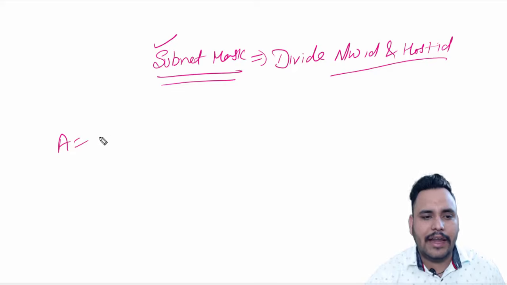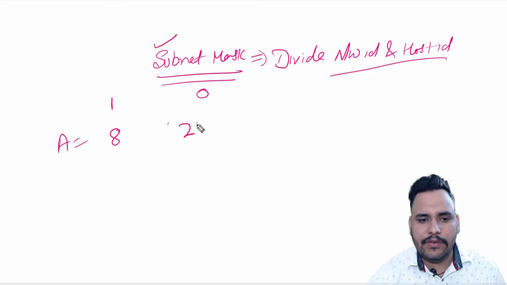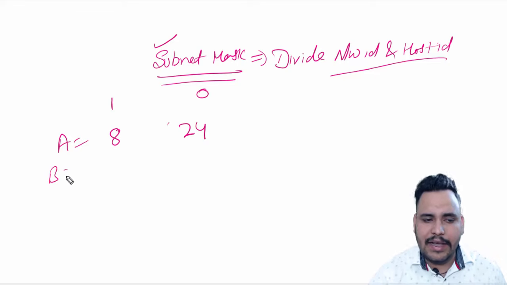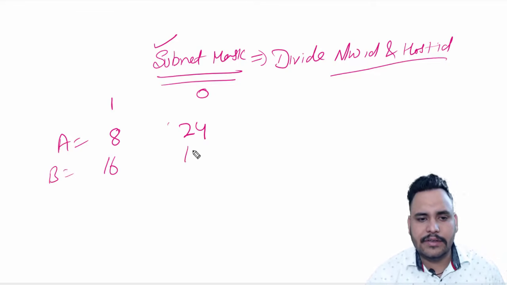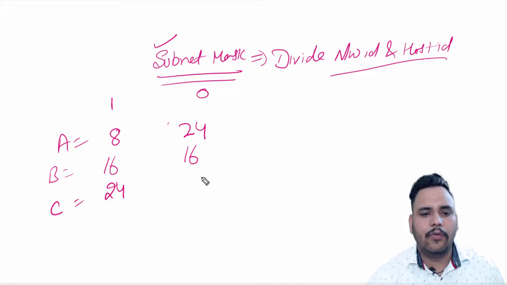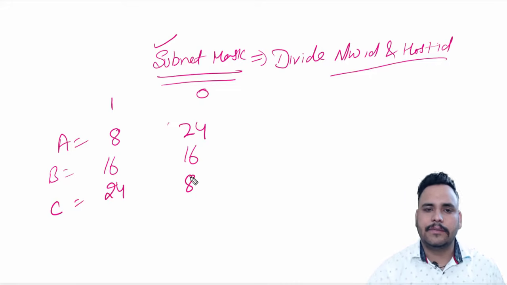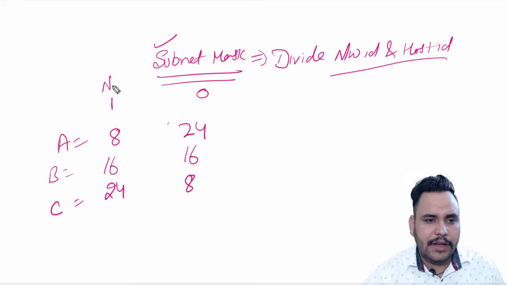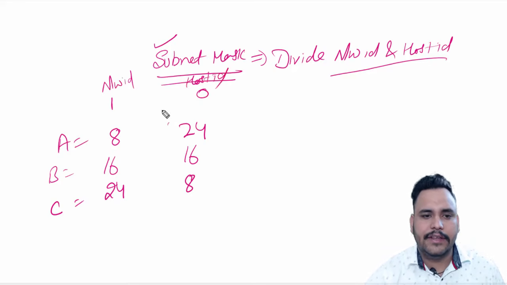How? Because in A class it is 8 ones and 24 zeros, in B class 16 ones and 16 zeros, and in C class 24 ones and 8 zeros. And 1 means network ID and 0 means host ID.